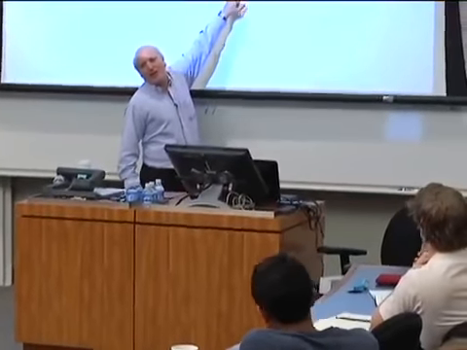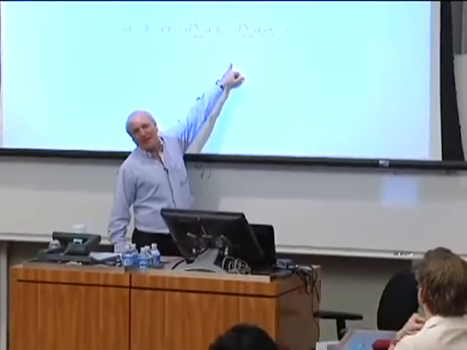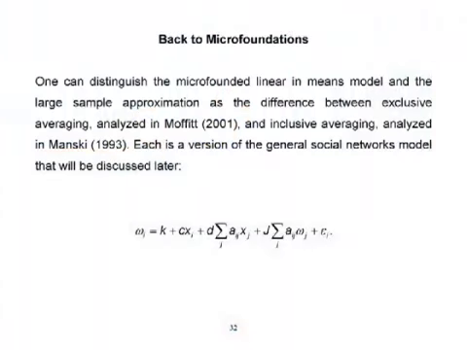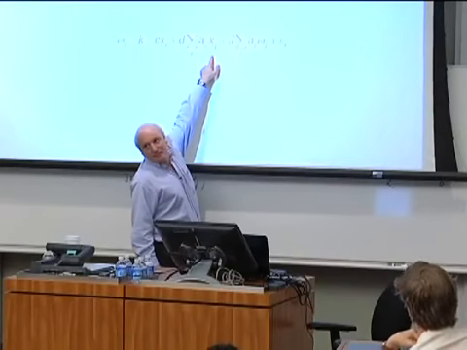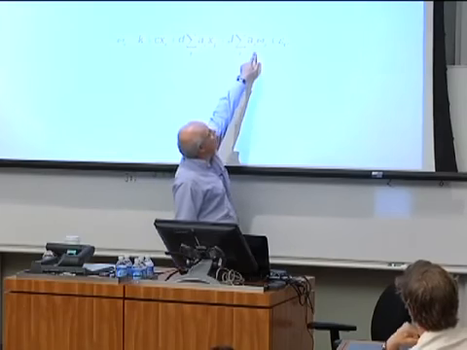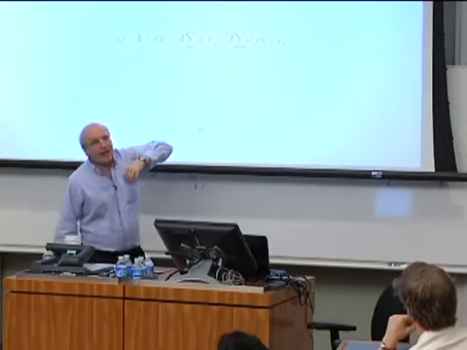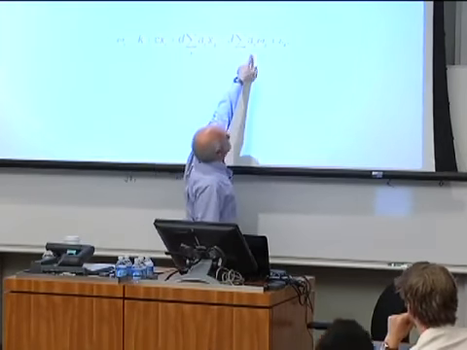I want to distinguish now. I just want you to keep this model in the back of your minds. And that is what I'm calling the general model. In other words, if I wanted to work in linear systems, and I didn't want to take the very strong stance of the linear in means model, a way that I would think about it is to say that my behavior depends on some linear combination of things about me, things about other people, and behaviors of other people. Now, in a subsequent paper, we relax the assumption that those two are the same.